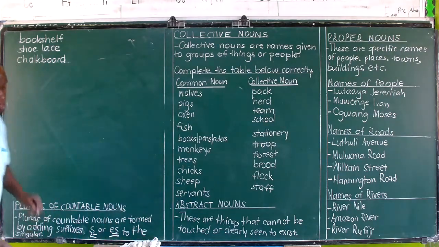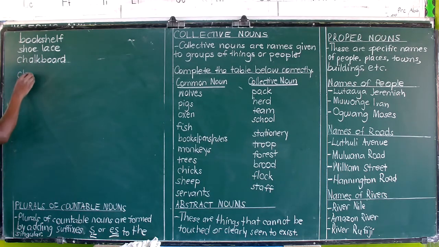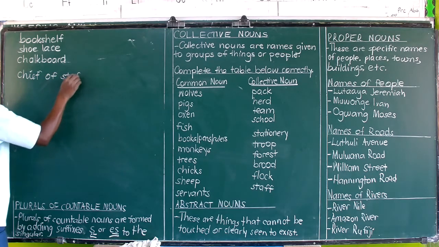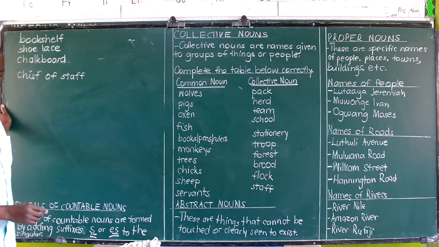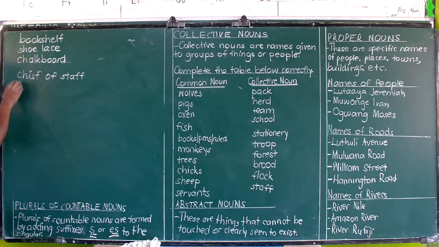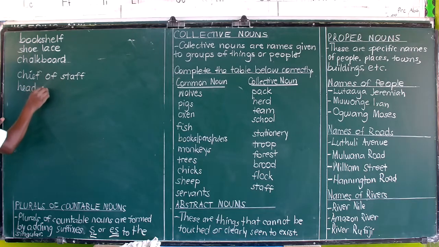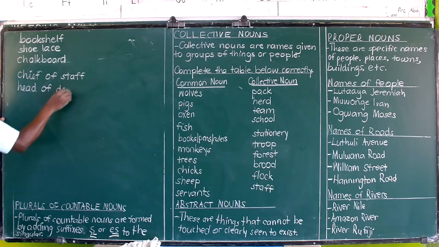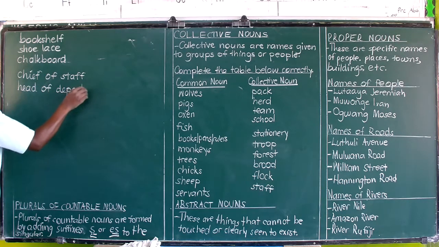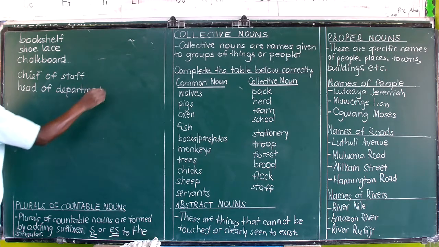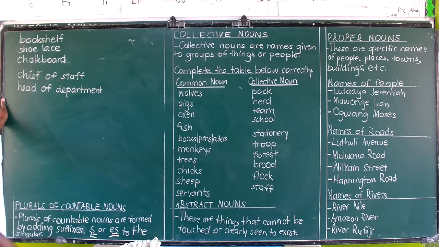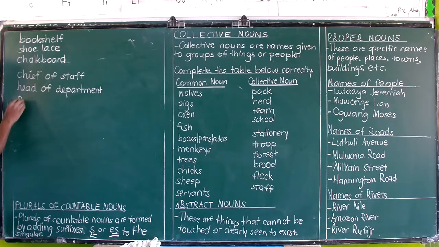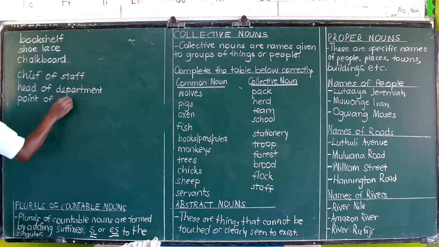We have words like chief of staff. We have words like head of department. I like small letters, head of department. I'll tell you when to use capital letters. And the last example I want to bring here is a point of inquiry, correct? Point of inquiry.